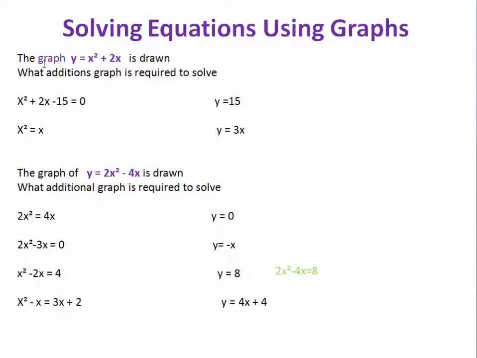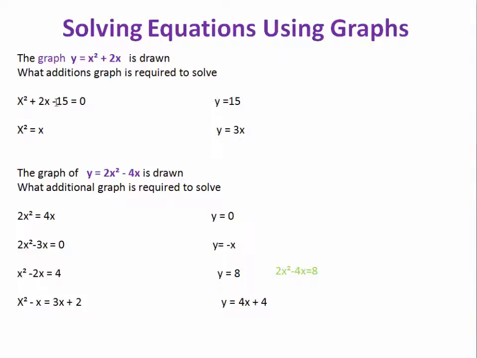So looking at our merged equations, we can have a graph of y equals x squared plus 2x, which is drawn, and we could be asked to draw a line to solve this equation, which is x squared plus 2x minus 15 equals 0. All we have to do is put it into, so this is our merged equation. Let's unmerge it.